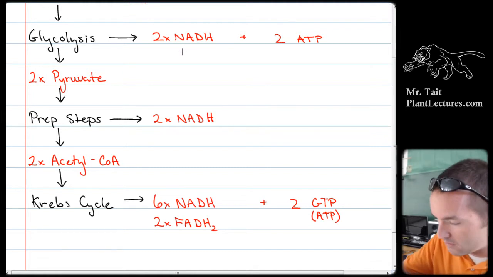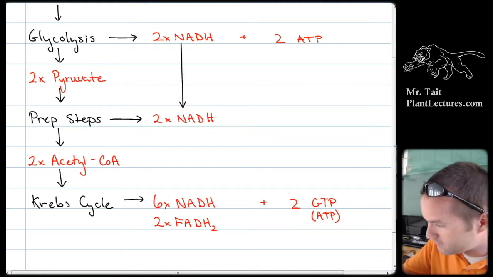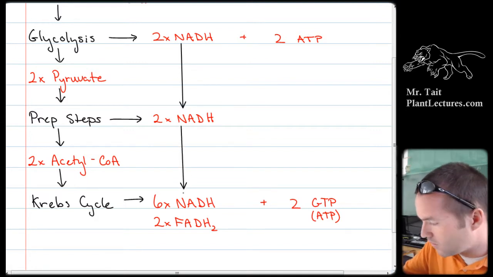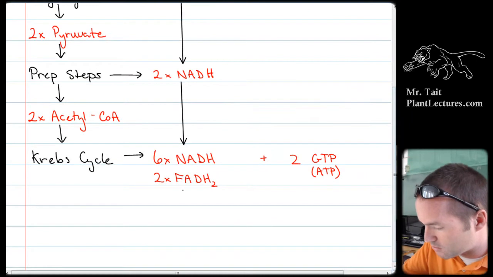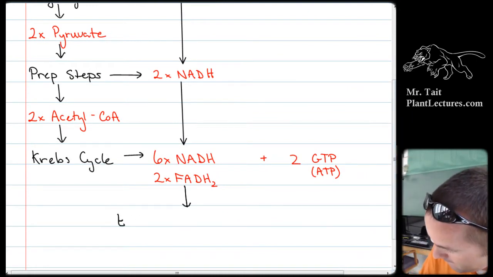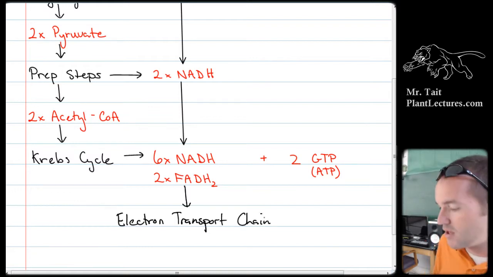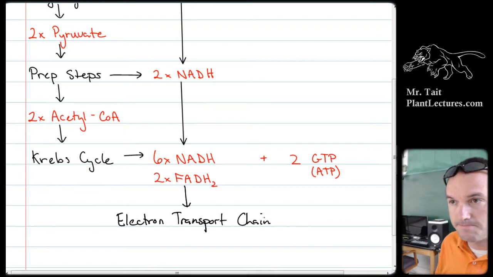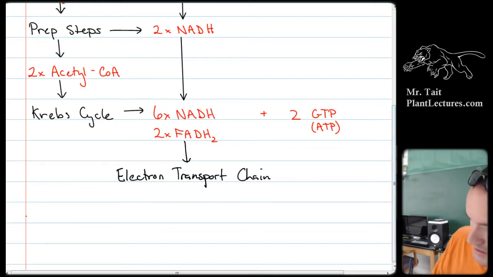So total here, when we go this way, these are all going to go into the electron transport chain. And those are going to become the inputs to the electron transport chain. Right? Yes? All right. Let's talk about the ETC then.